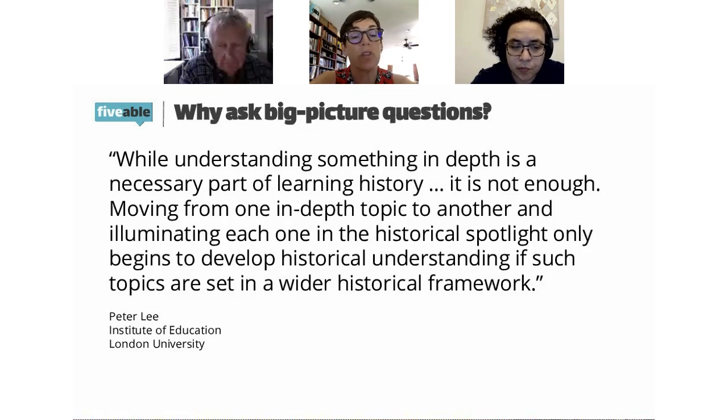And world historians methodologically bang on about this a lot, but teachers should be really interested in this because of what education research, particularly that done by Peter Lee coming out of the UK, shows us: that students get deeper retention and better understanding if they're learning how to think with scales and how to anchor what they're learning into a larger context.